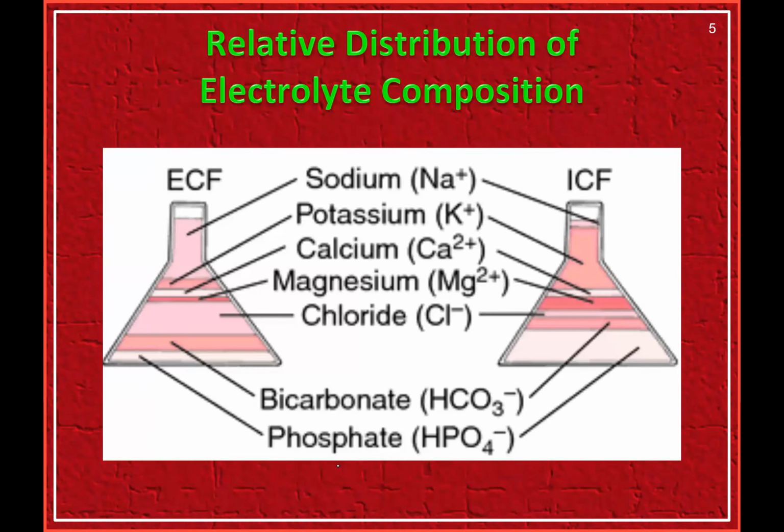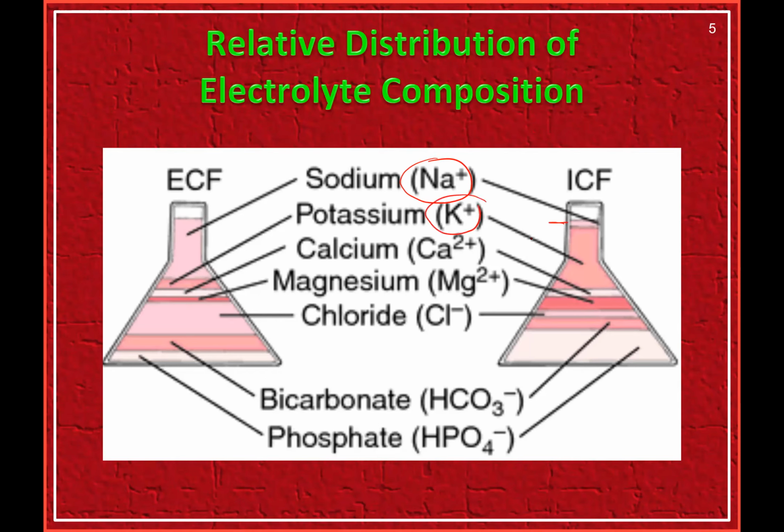The relative distribution of ions you need to know very well. What is the relative distribution of ions between ECF and ICF? Intracellular fluid ions are markedly different from the extracellular ions. Sodium is the dominant ion in the extracellular fluid, whereas it is very small in the intracellular fluid.